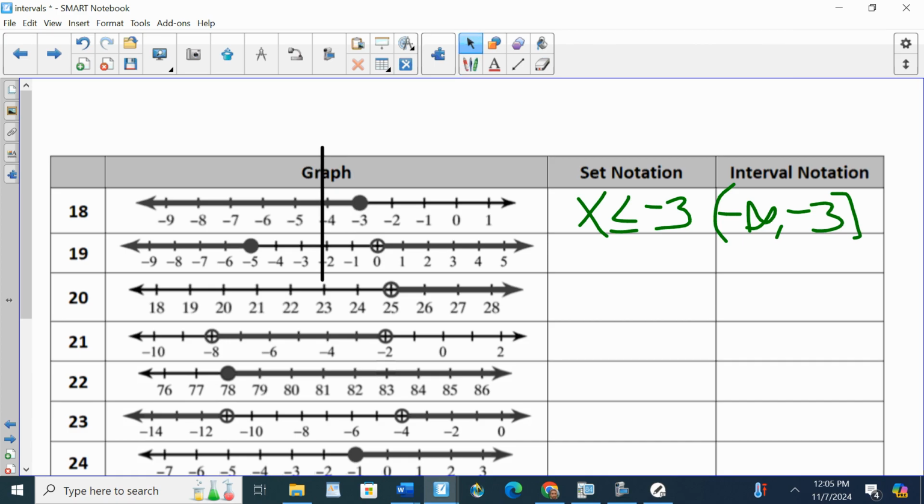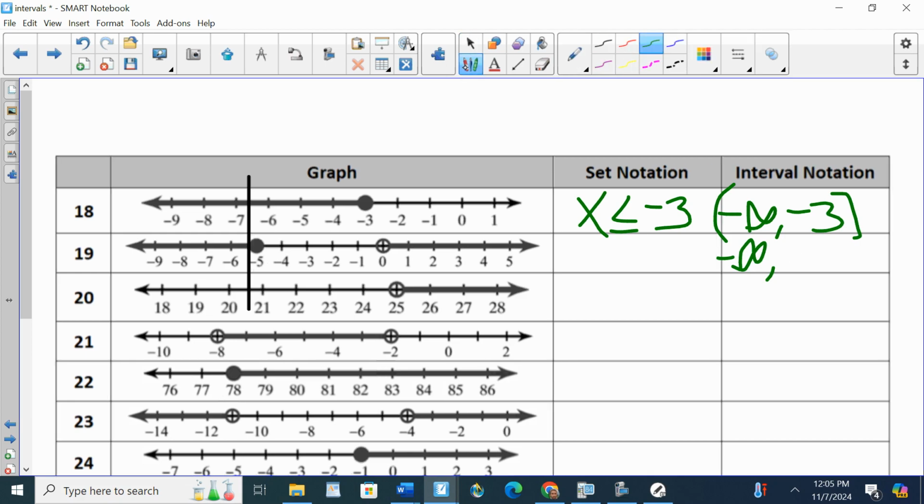Number 19, I have graph all the way to the left, so I'm starting at negative infinity, comma. My graph ends at negative 5. Negative 5 is closed, so it gets a bracket. Negative infinity always gets a parenthesis.